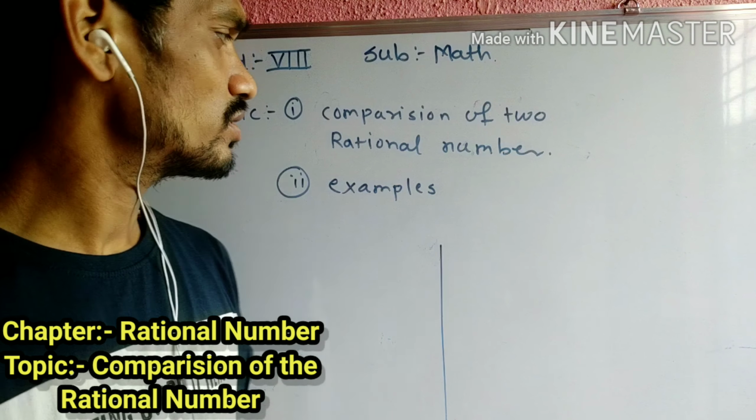So in that case, if we take the mod, it means we are removing the negative. So which one is closer to 0? Raise your hand. Both are negative. Then how to conclude which one is bigger? Then which number is closer to 0?